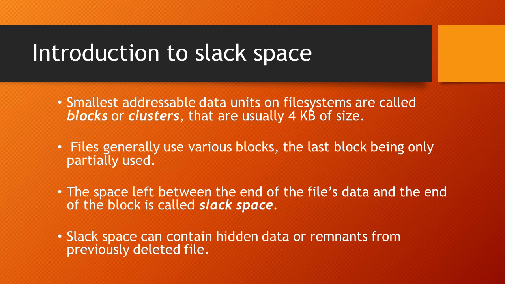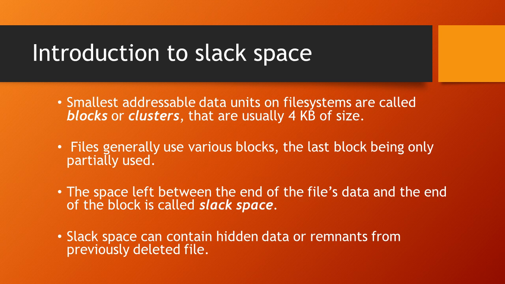The analysis of slack space is important for a forensic examiner, because some tools, for example bmap on Linux, allow hiding data in a file slack space. Slack space could also contain remnants from a previously deleted file.